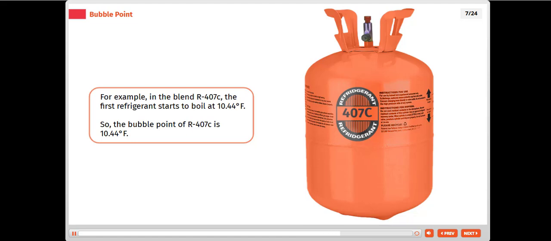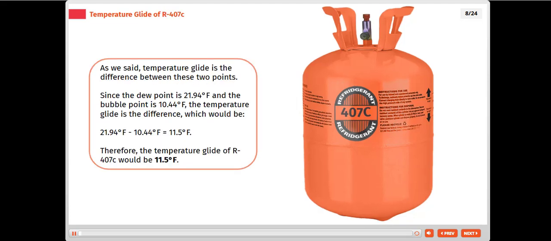As we said, temperature glide is the difference between these two points. Since the dew point is 21.94 degrees Fahrenheit and the bubble point is 10.44 degrees Fahrenheit, the temperature glide is the difference, which would be 21.94 minus 10.44, which equals 11.5 degrees Fahrenheit. Therefore, the temperature glide of our R407C would be 11.5 degrees Fahrenheit.